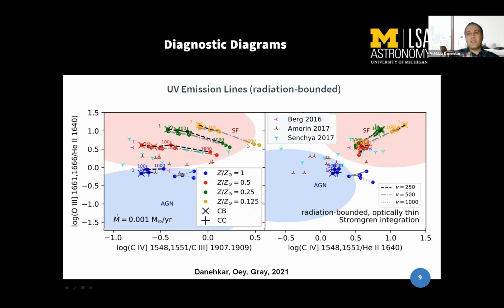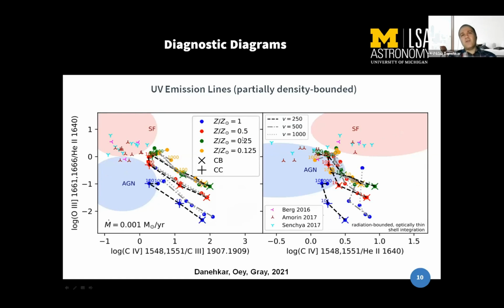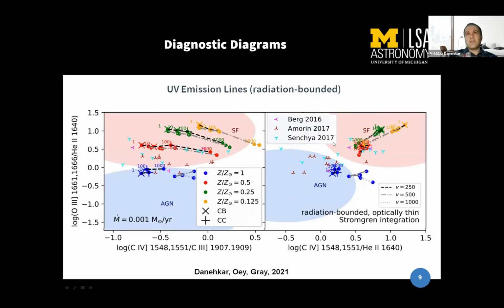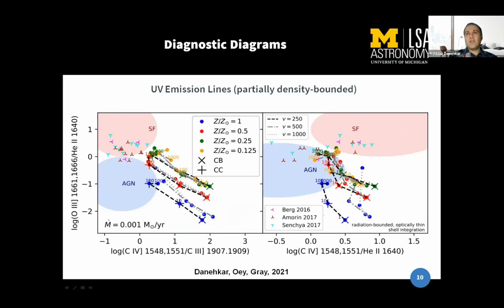We see how the change in metallicity and ambient density contributes to the formation of catastrophic cooling in these hydrodynamic simulations. Also, I extracted this for a radiation-bounded model and for a partially density-bounded model, and you see the variation in UV emission lines with different metallicities and ambient densities.